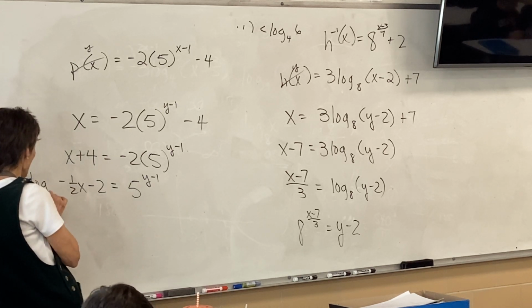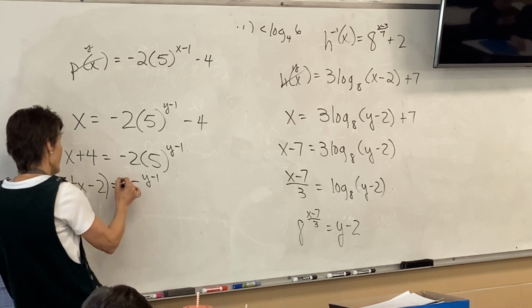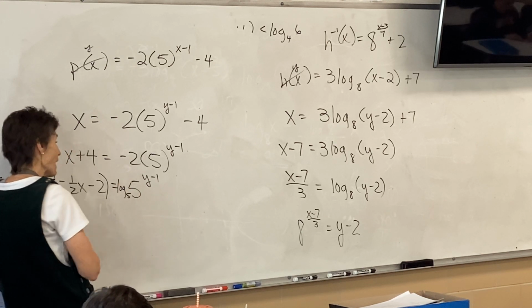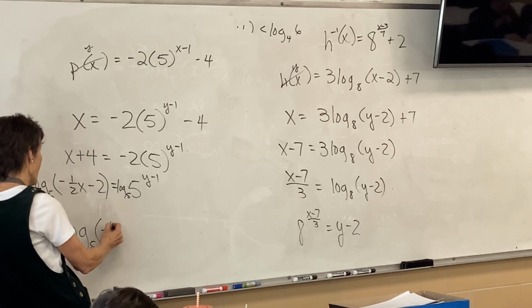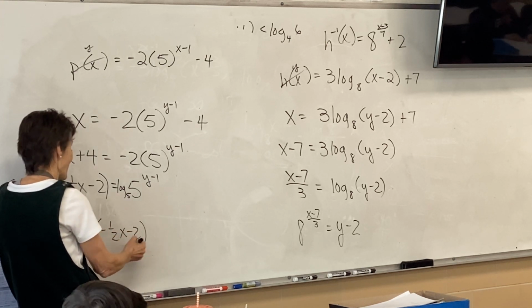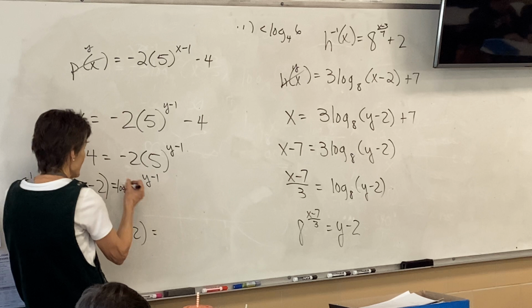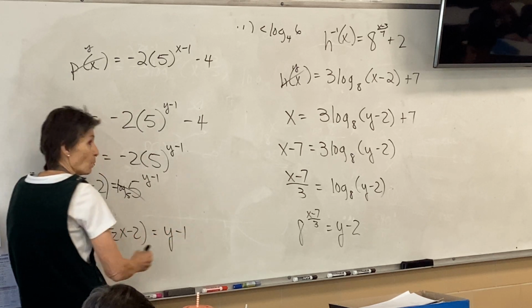I'm going to take the log base 5 of both sides. And why am I doing that? What is the benefit of doing log base 5? This is just going to become y minus 1.